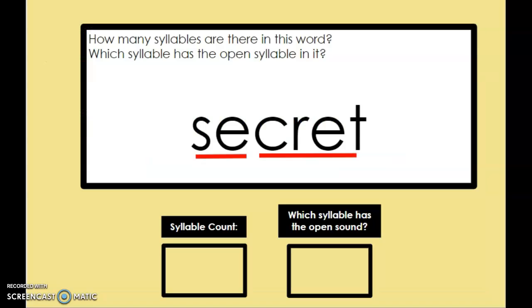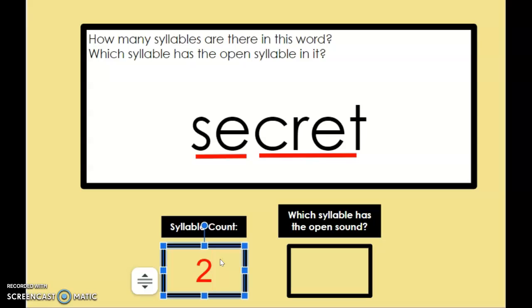So let's take a look at some examples. Our first word is secret. First, we need to ask ourselves, how many syllables are there in this word? Secret, secret. 1, 2. Well, I count 2 syllables.